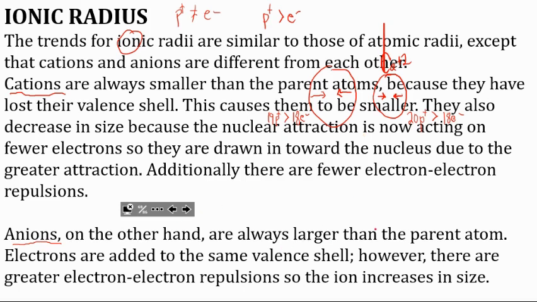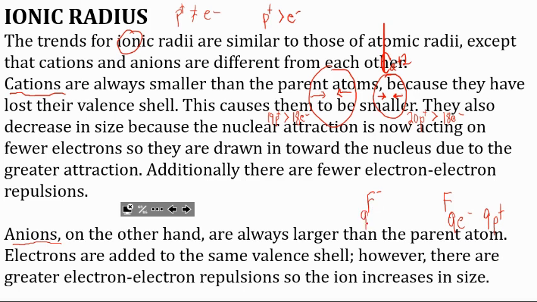Now, anions are larger than their parent atom. So if you compare, for example, fluorine minus versus a fluorine without an electron added, here you have 9 electrons and 9 protons.